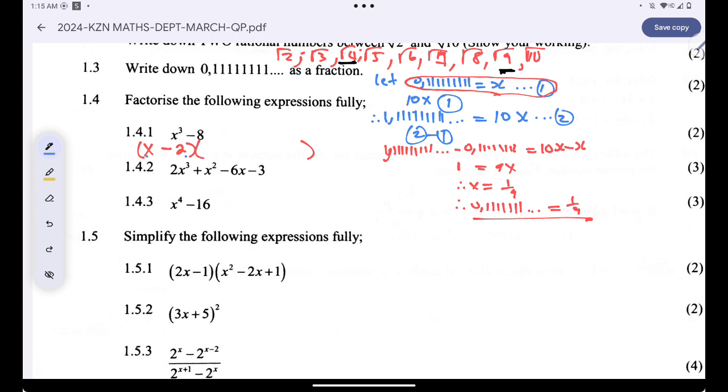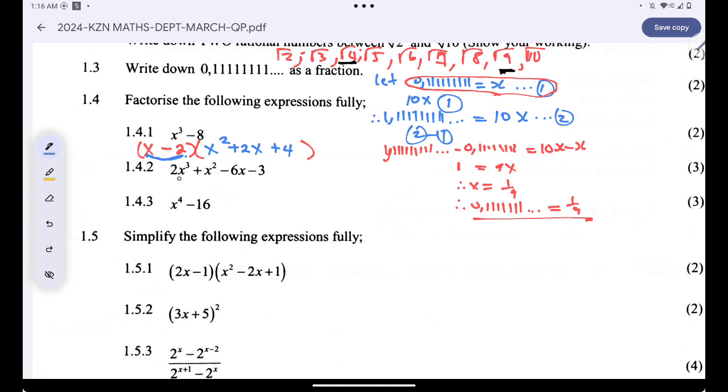The first term, I'll get it by squaring the first term in the bracket. I'll have x squared. To get the last term, I'll square the -2. I'll have a +4. And then in between here, I'll just multiply these two. X multiplied by a -2 is -2x, but I'll just change the sign. I'll write +2x. This is how I factorize.